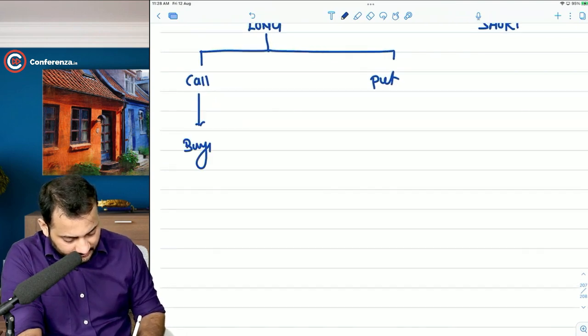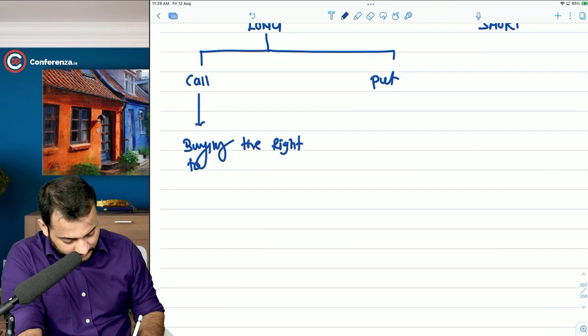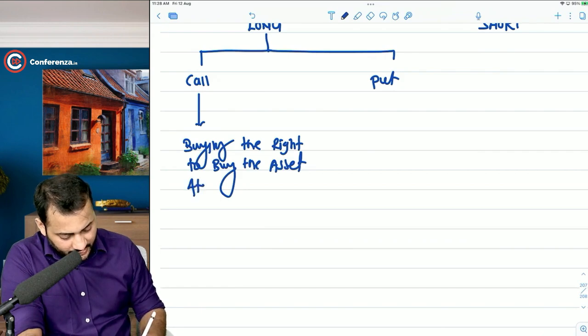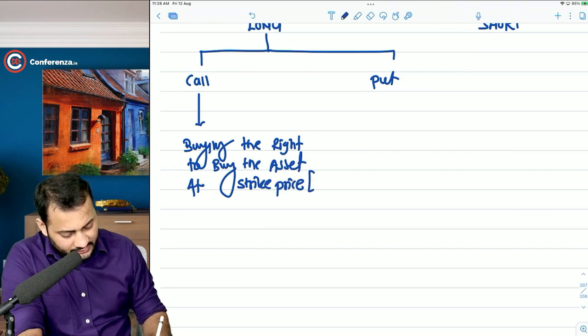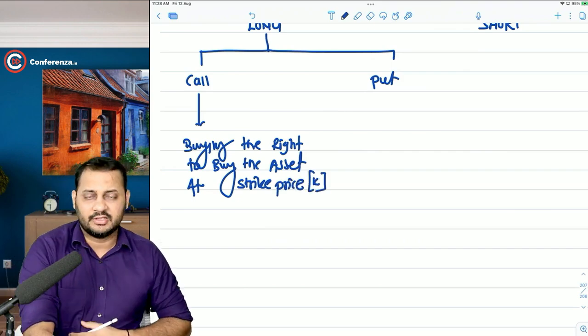It means buying the right, not the asset, to buy the asset at strike price. This is called the strike price, the price that we are going to decide today itself.